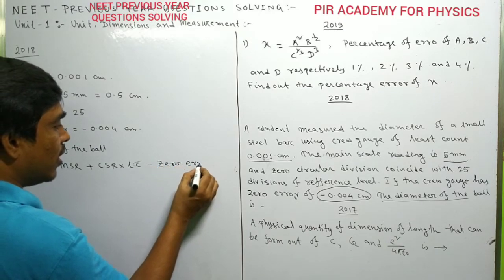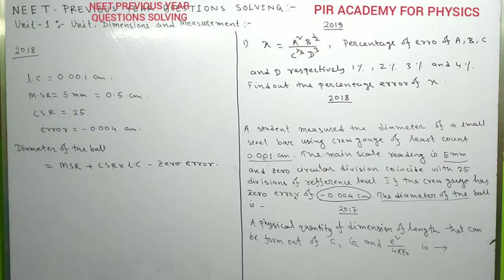This is the formula for calculating the diameter using a screw gauge.